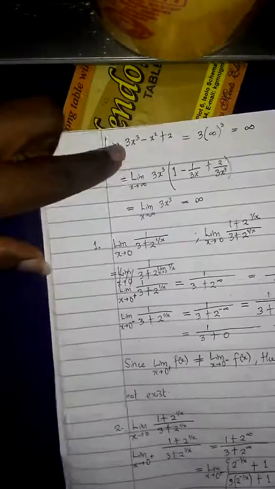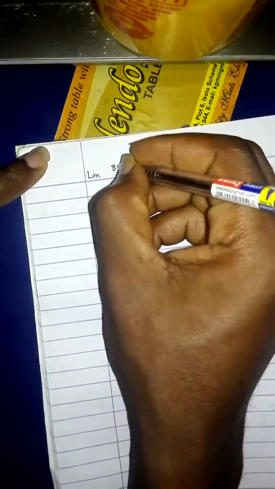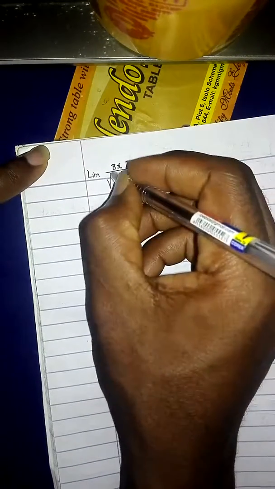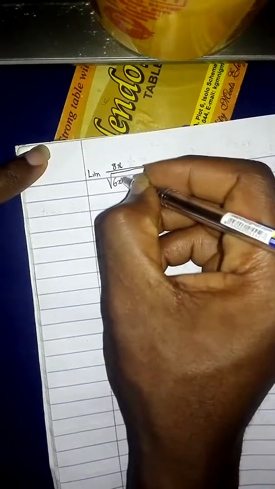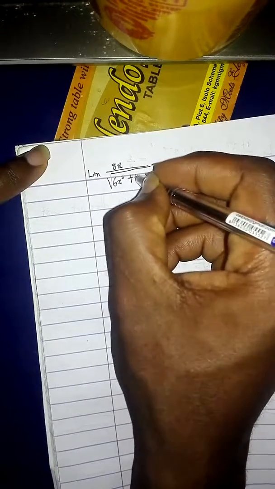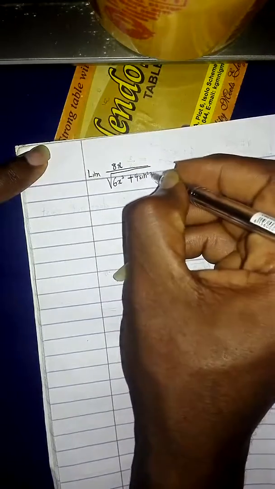So we're going to start on a fresh page now. We want to solve the limit of 8x divided by the square root of 6x cubed plus 4 sine squared x, as x approaches 0.